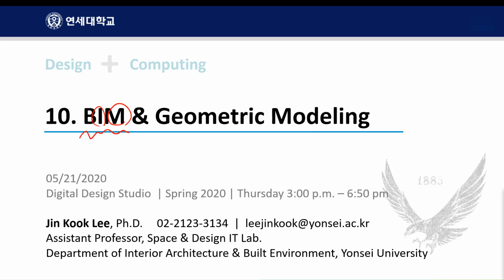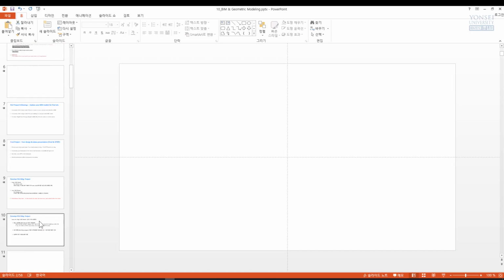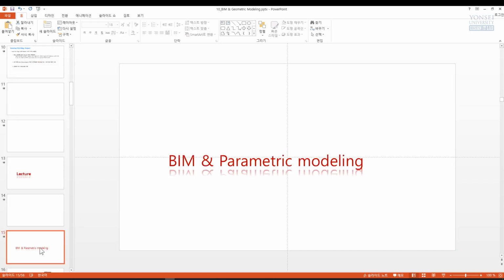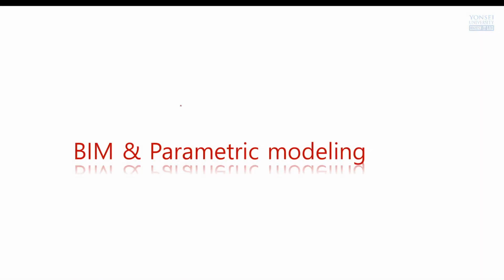Okay, let's take a look. Before getting started with geometric modeling, I'm going to bring your attention again to parametric modeling, because we have walked through some parametric modeling examples, specifically Dynamo BIM.